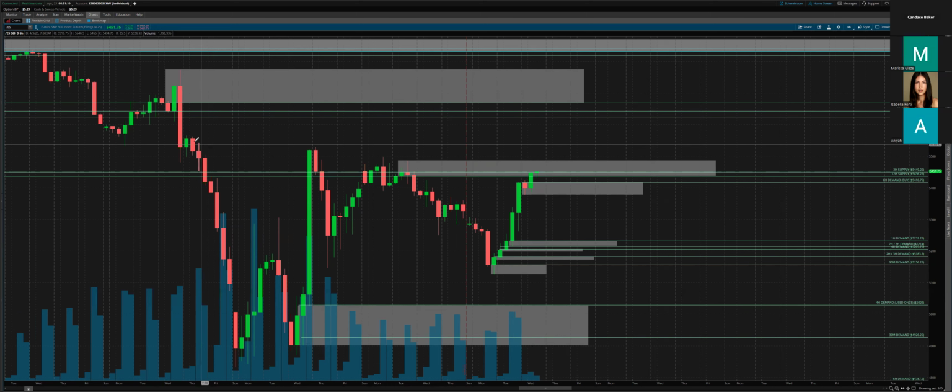Okay, so we have another 6 hour supply zone right here that's been tested once and twice, almost to the tick right here. So this is one of those things where I'm not really marking it as a supply zone, but this would be a level of interest. Like if price breaks this level, wait, do I have the price level tool?